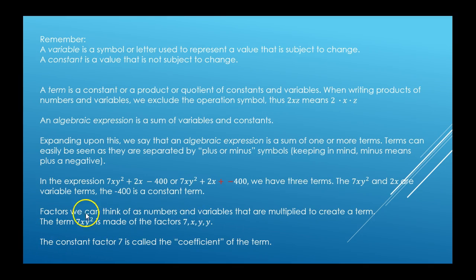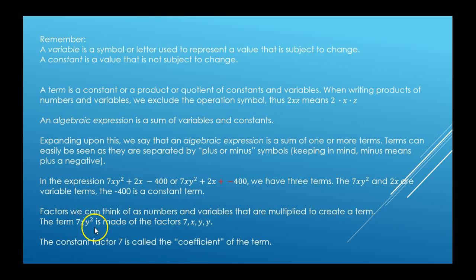The constant factor 7, in a term, the constant or the number is called the coefficient of the term. So here 7 is my coefficient of the first term, 2 is the coefficient of the second term. The third term is a constant, so you would not consider that a coefficient.